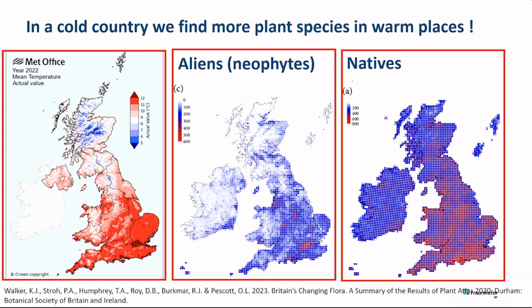And it's interesting, I did another exercise you can find in the data set of Walker and others, an article on Britain's changing flora. And this is a map of the aliens, the neophyte aliens, not the archaeophytes, just the neophytes.